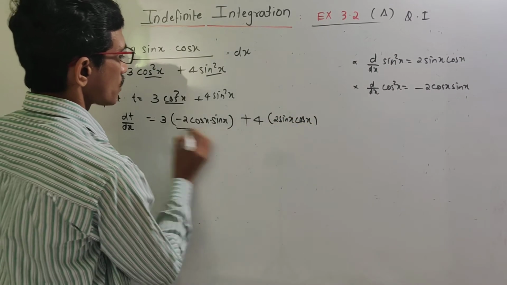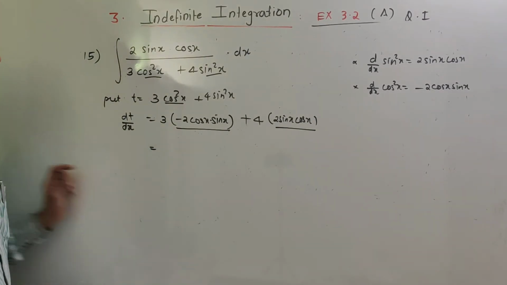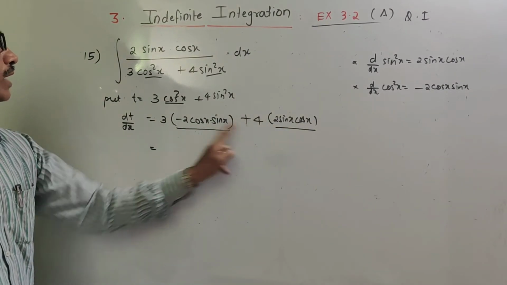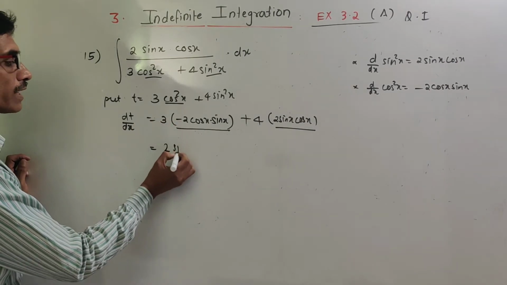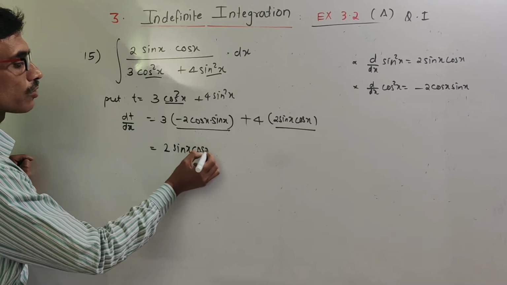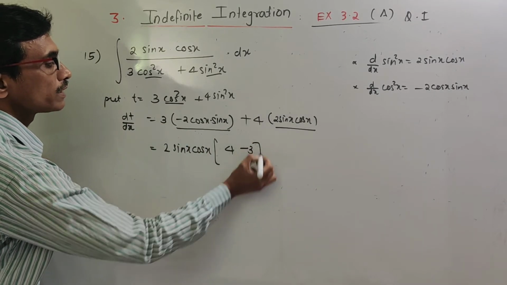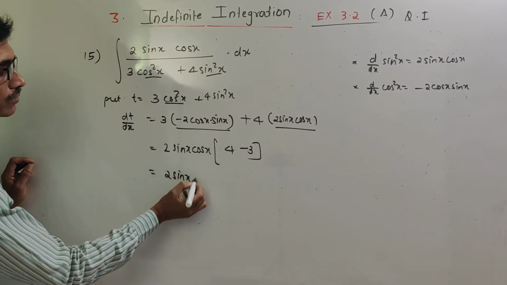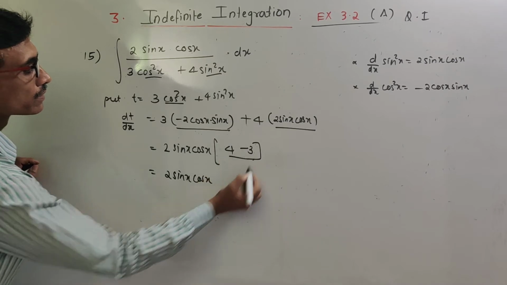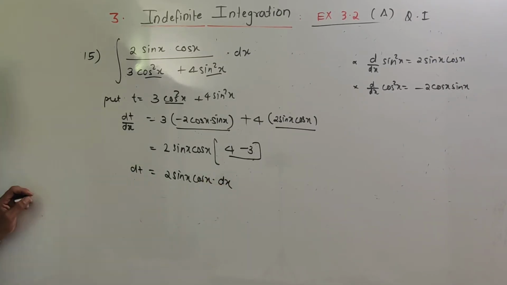This 2 sin x cos x we can take common. Then 2 sin x cos x, here it is 4 and here it is minus 3. Taking 2 sin x cos x common, what is left is 4 minus 3, that is 1. So finally you are getting 2 sin x cos x only. dt is equal to this into dx.